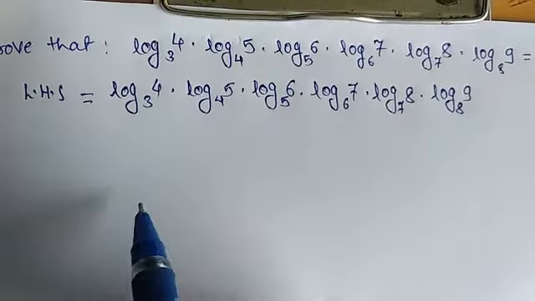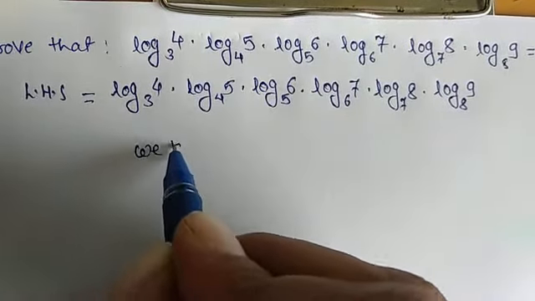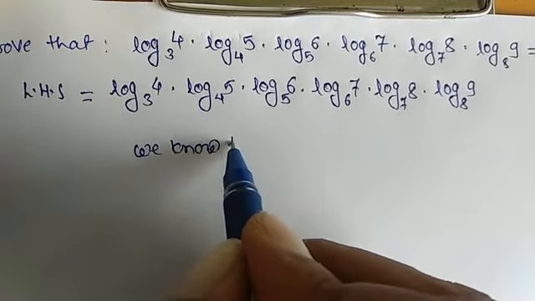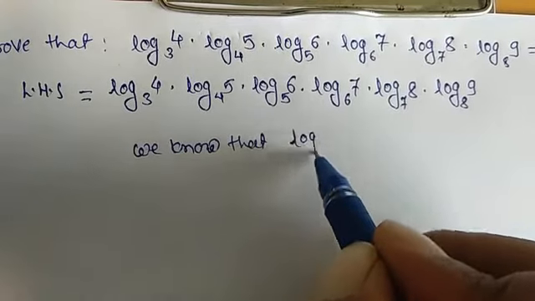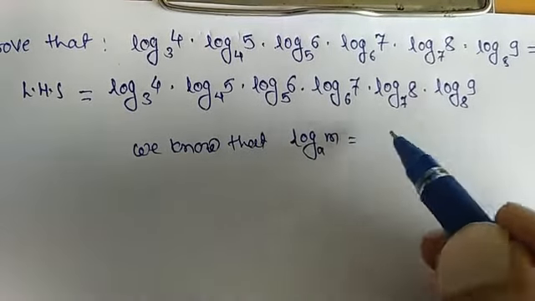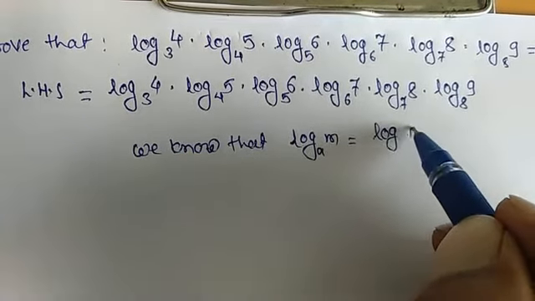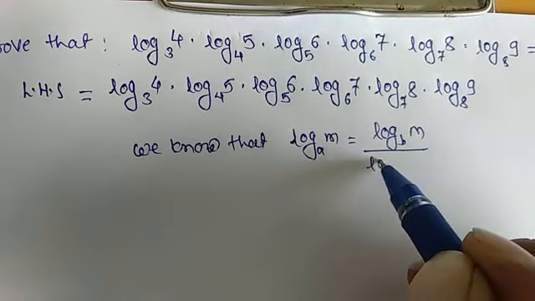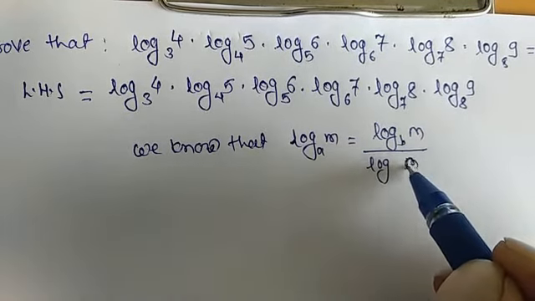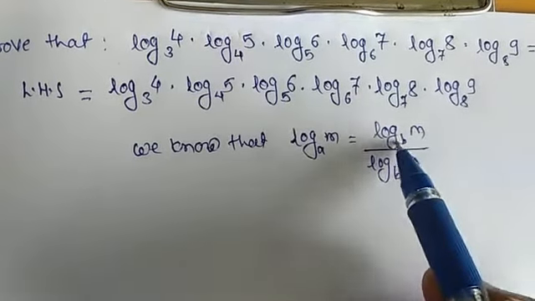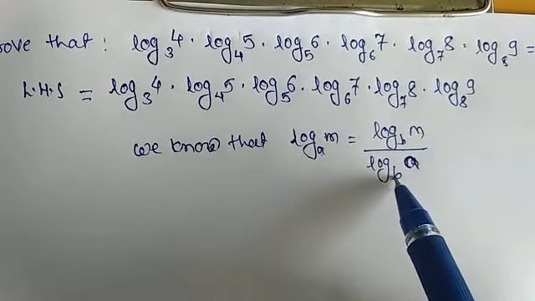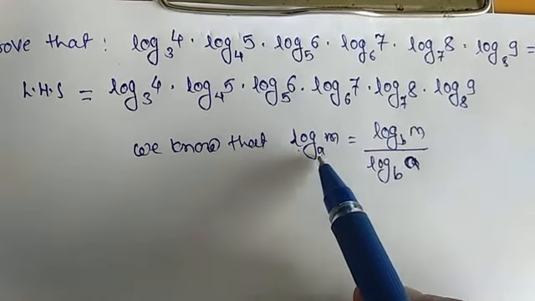Okay, so after that we know that we have a formula which we have studied in this unit: log of m to the base a can be written as log of m to the base b upon log of a to the base b. Okay, so log of m to the base b upon log of a to the base b is equal to log of m to the base a.